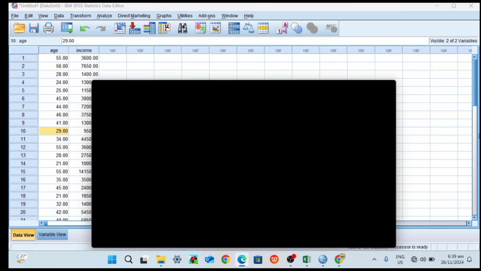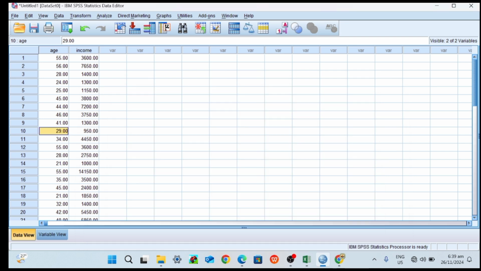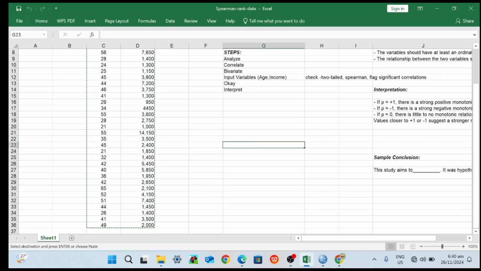So the first step is to go to Analyze, Correlate, Bivariate, and then we have to input the variables, the age and income, and then interpret.